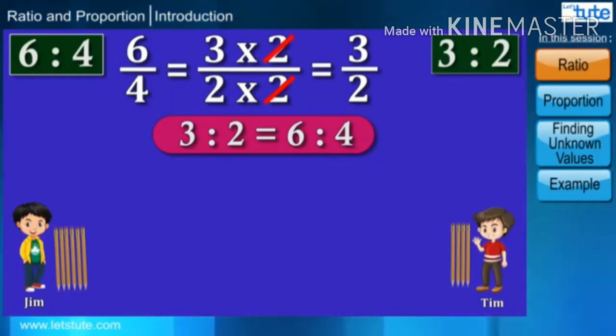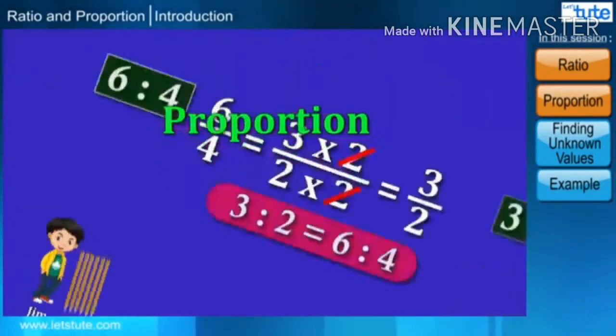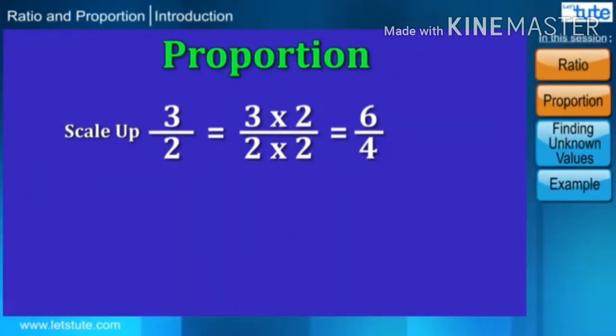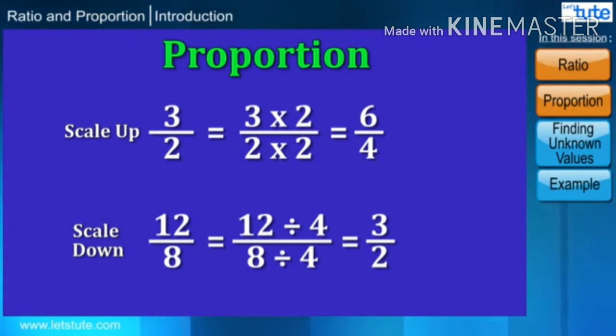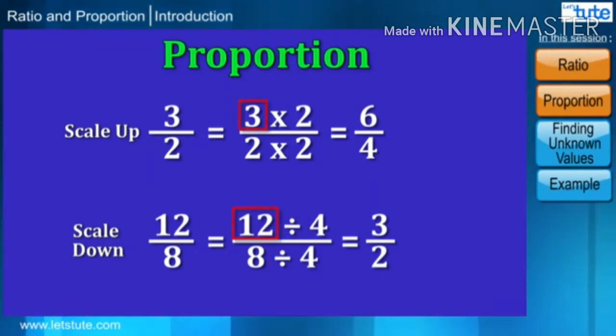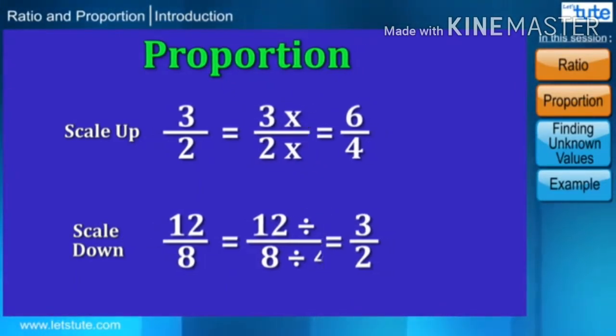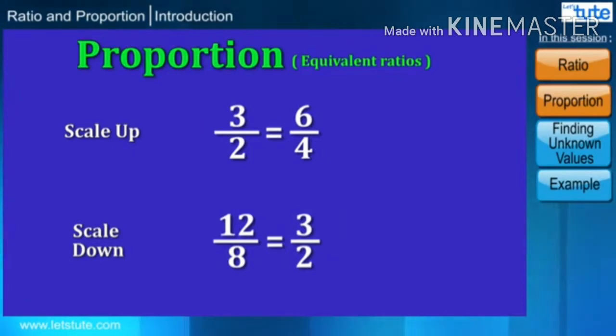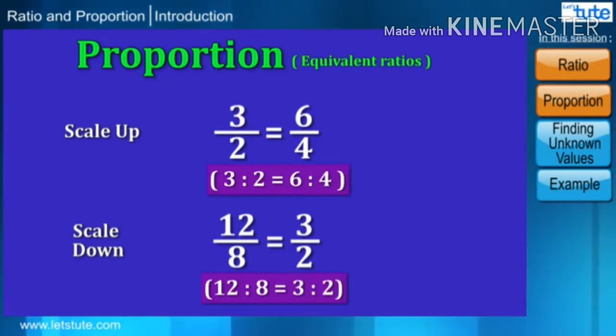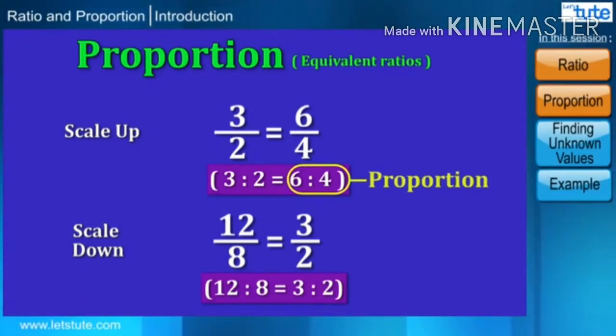And this is known as proportion. When we scale up or scale down a ratio, that is, multiply or divide the numerator and denominator by the same number, we get ratios which are equivalent, that is, equivalent ratios. And proportion is nothing but equivalent ratios. Here, 6:4 is a proportion of the ratio 3:2.